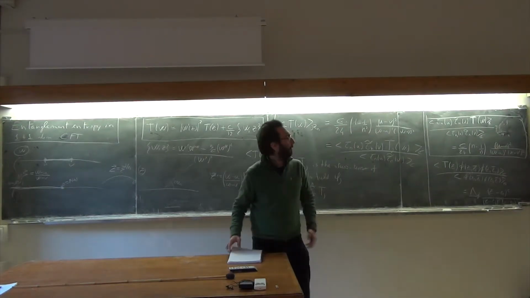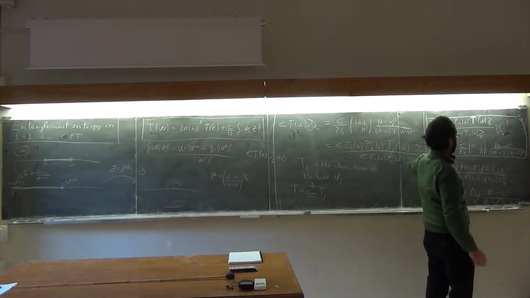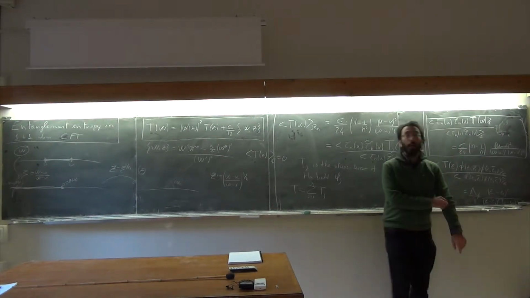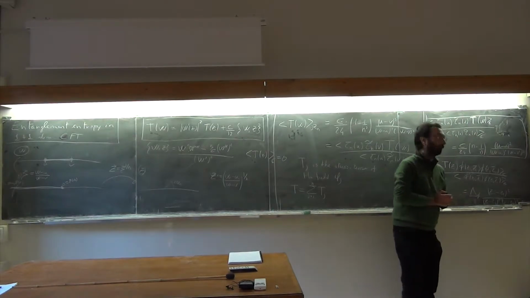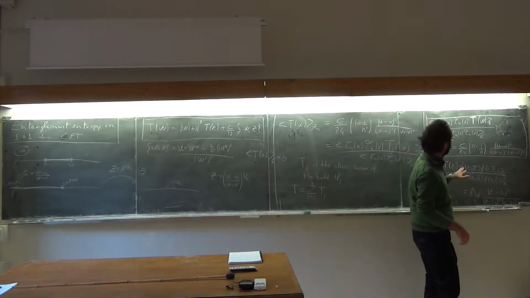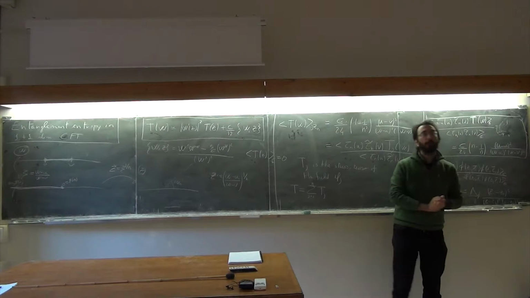This is exactly the same formula, as you can see, just that where in this formula a primary field appears, in the other formula you get the twist field.